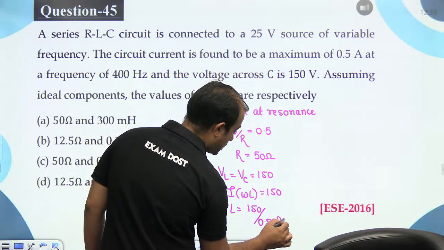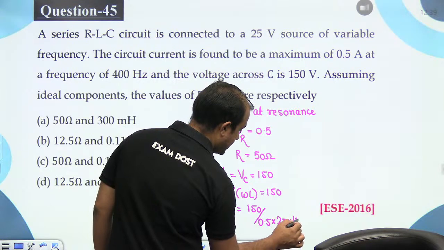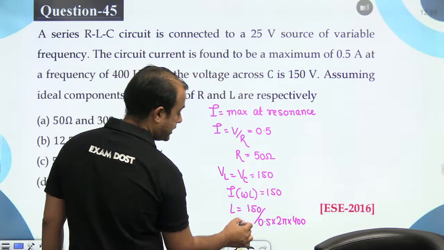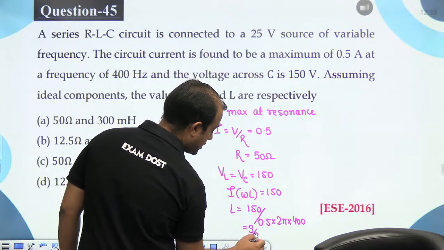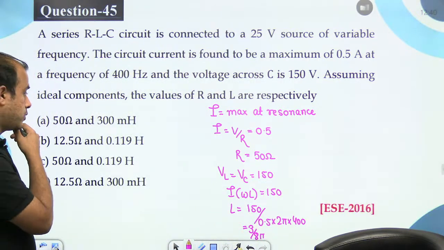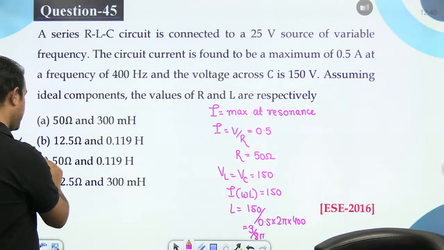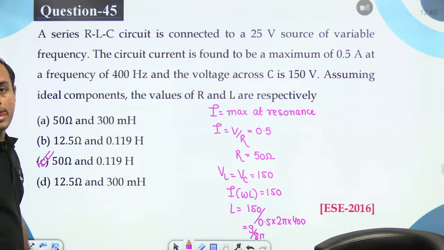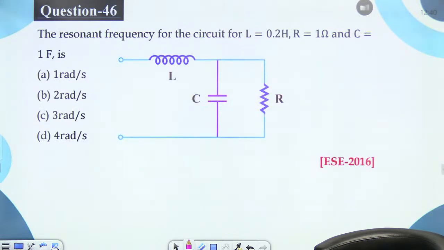What is omega? 2 pi into frequency, 300 by 400, 3 by 8 pi. तो 3 by 8 pi, 3 by 24.1. सी आ जाएगा, ठीक है। 3 by 8 pi is 0.1 approximately.